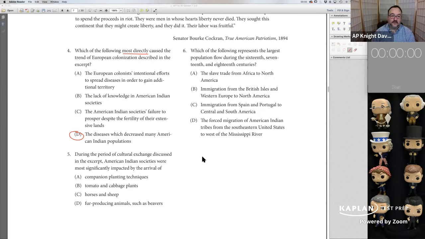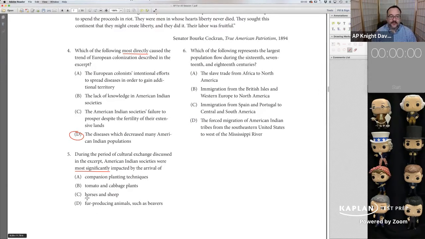Okay, so this one says during the period of cultural exchange, American Indian societies were most significantly, hey, there it is again, most significantly. So not just impacted, but most significantly impacted. The beavers, they were already there. They were already planting.